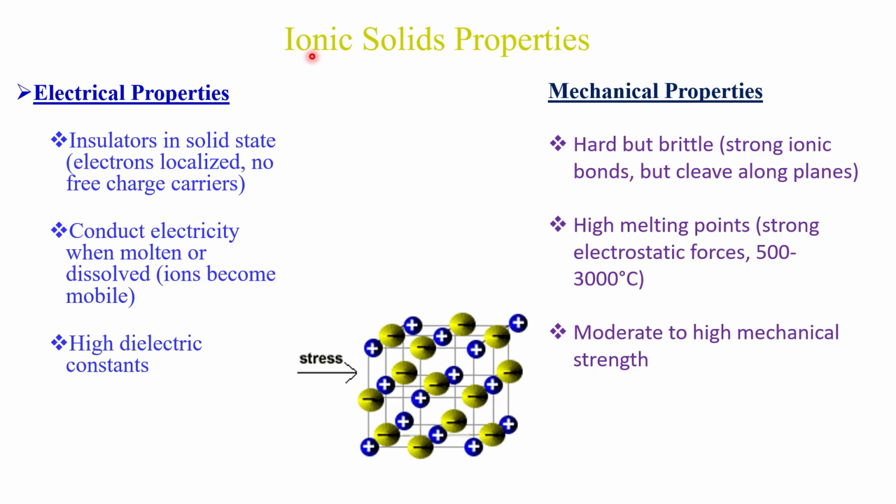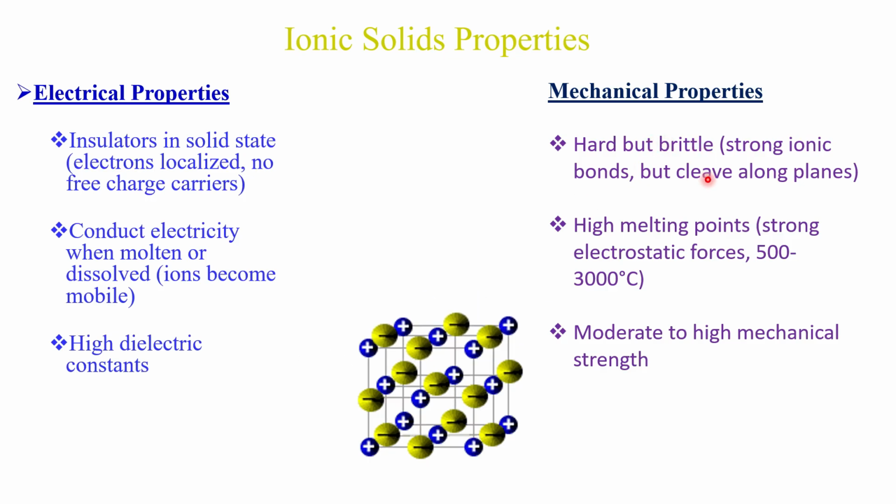In the solid state, ions are fixed in lattice positions, so electrical conduction is not possible. When ionic solids are molten or dissolved, ions become mobile, allowing electrical current to flow. Mechanically, ionic solids are hard but brittle.